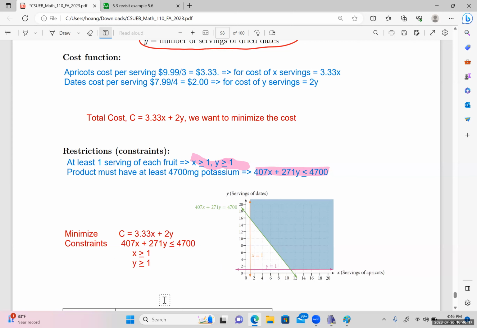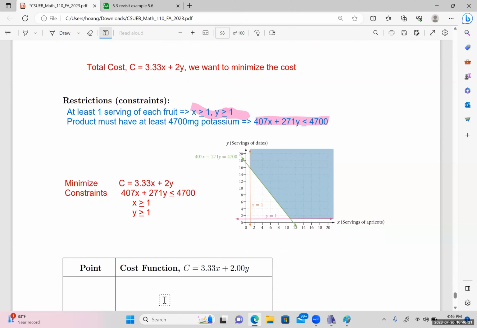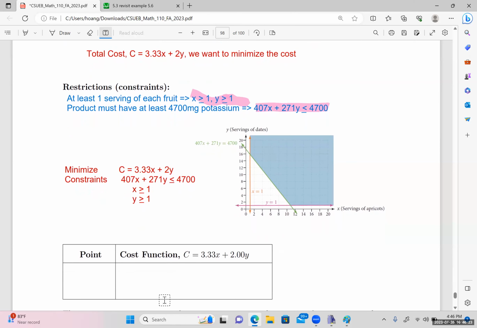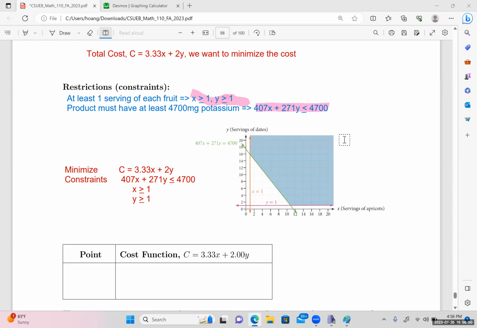Okay. So now we're going to draw the graph. We draw the graph of it. In the right hand side here, I have 3 lines.